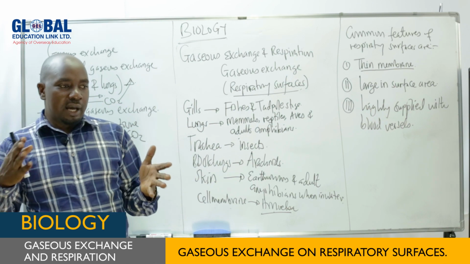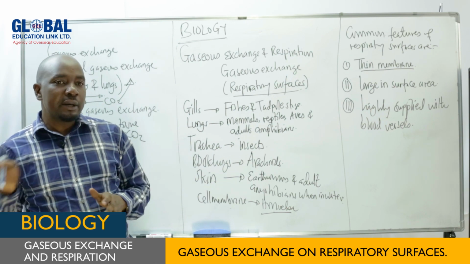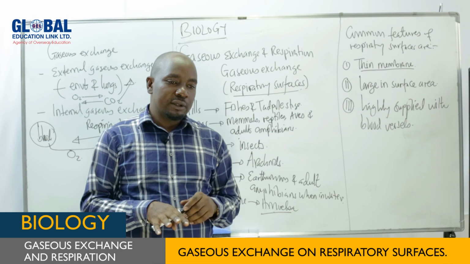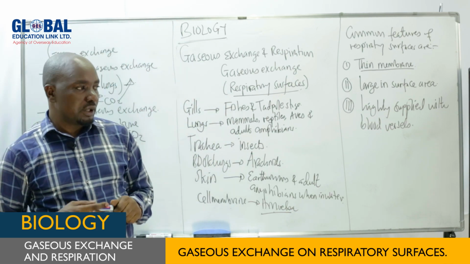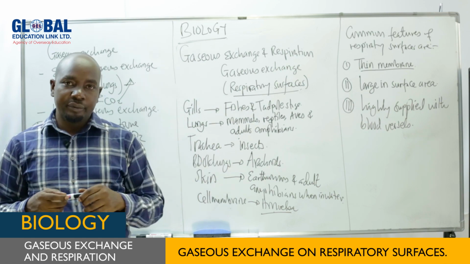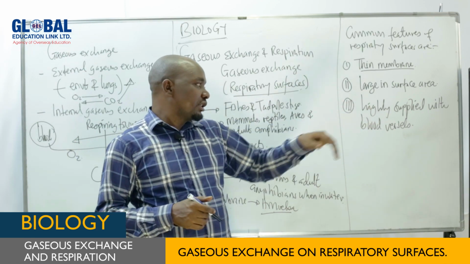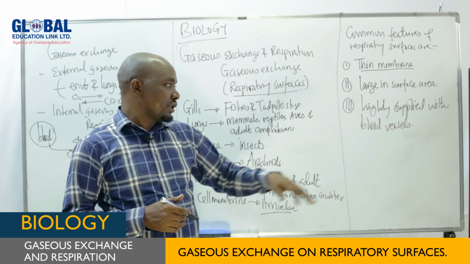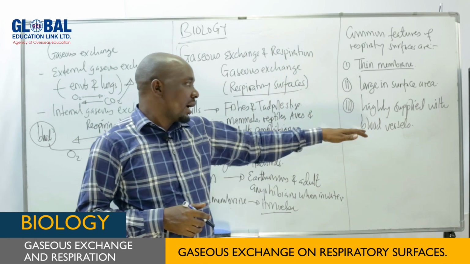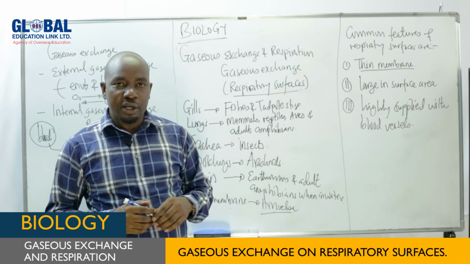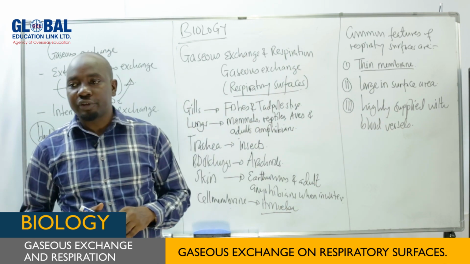The larger the number of capillaries, the more the blood is flowing. The more the blood is flowing into the lung, the higher the accumulation of blood, the higher the absorption of oxygen and the higher the elimination of carbon dioxide.